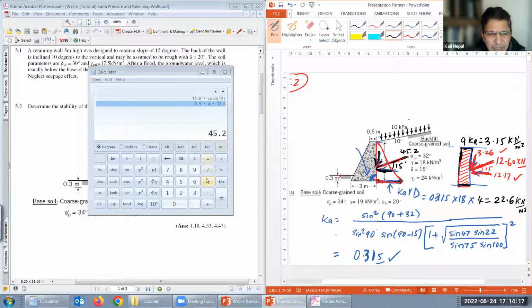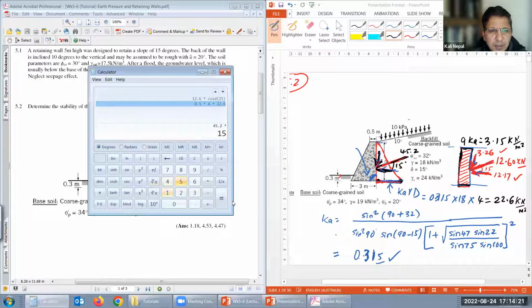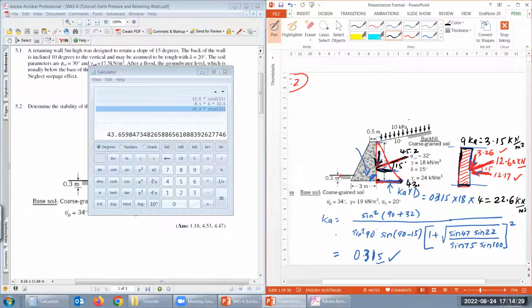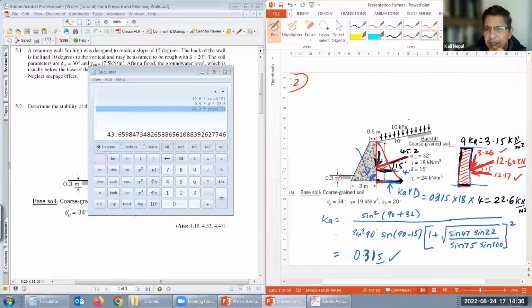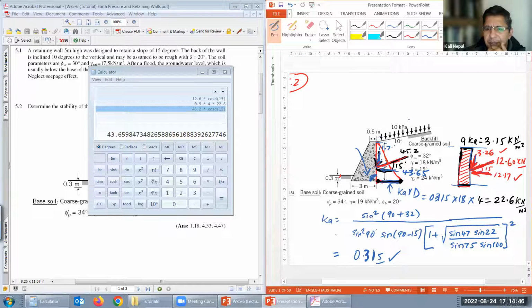Times cos 15 equals 43.65. Same, 43.65 horizontal, and then vertical one is 11.72. Right, that's it.